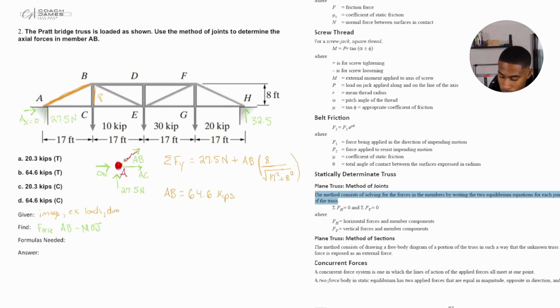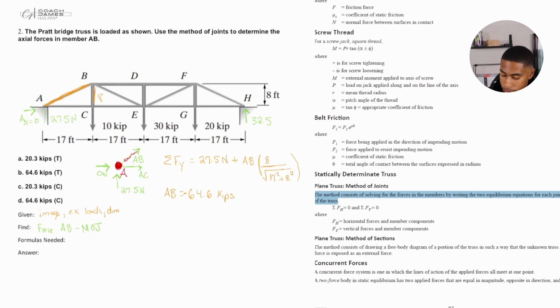So it's going to be 64.6 kips, but I know that this is a negative, right? Why is it negative? Because that's what it came out to be once you swap the 27.5 to the other side and went through your progression. So I know that I'm getting a negative kip. So what does that mean, right?